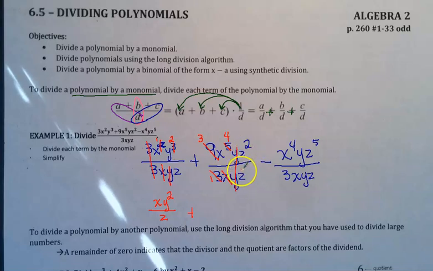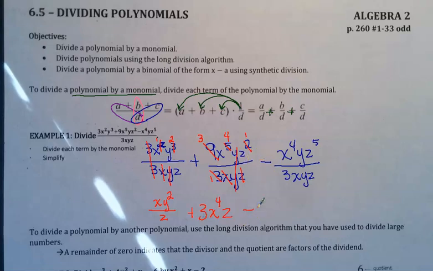Z squared and z, so one of my z's cancels. This leaves me with 3x to the fourth. I don't have anything in my denominator. And my y's canceled, so I have z to the power of 1, just z. Everything in my denominator canceled, so I don't have a denominator this time.